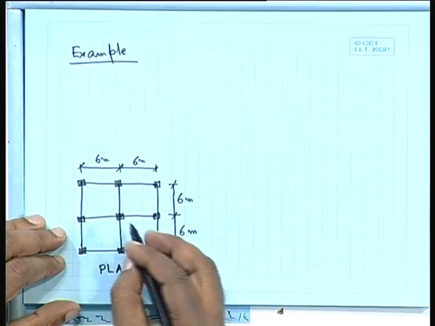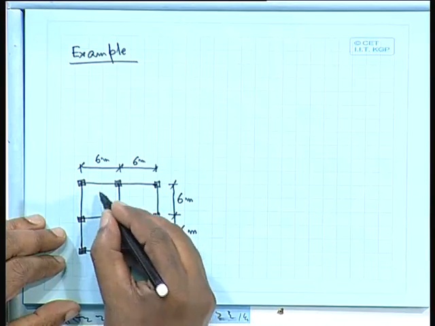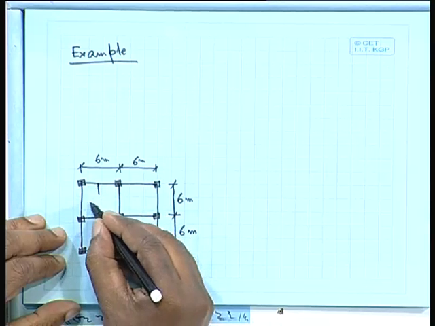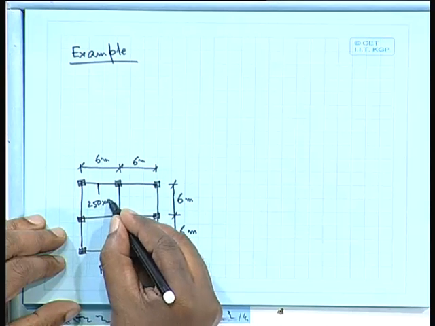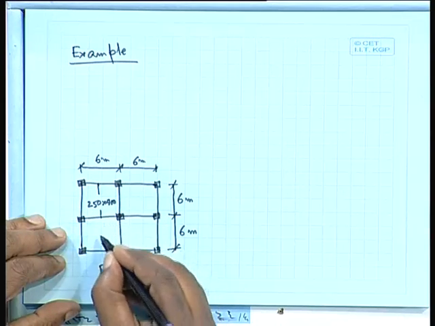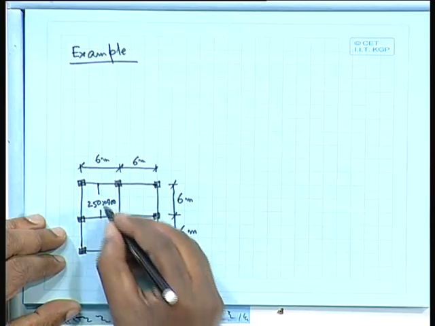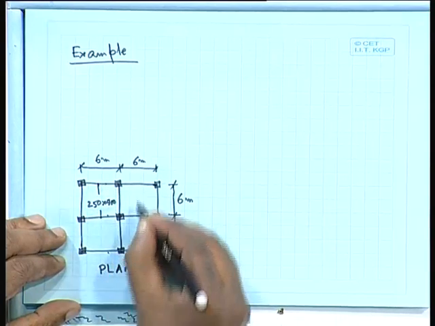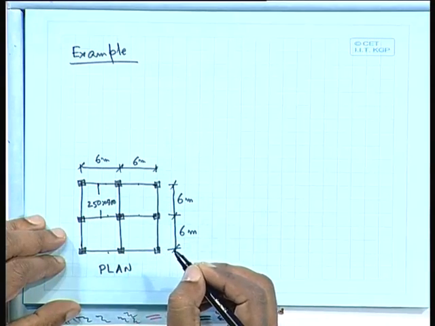We have these beams, let us say 250 by 400. All these beams are 250 by 400.